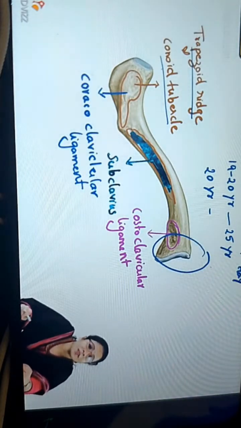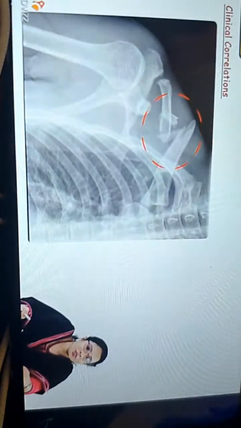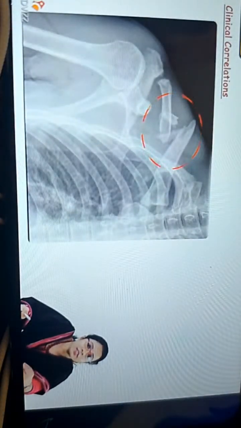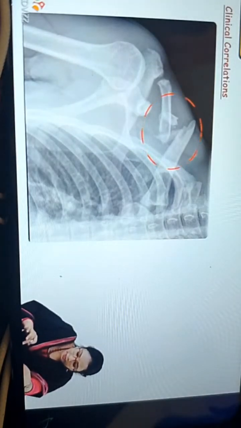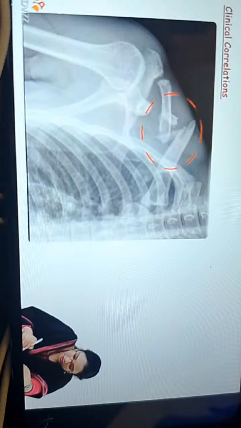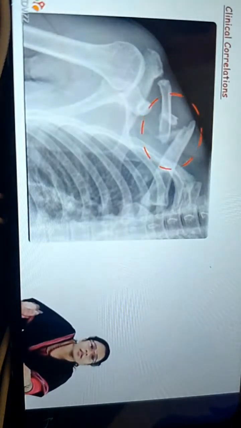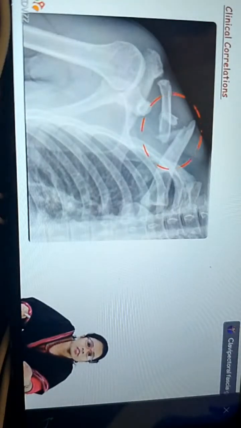We'll talk about some important clinical aspects of the clavicle. Fracture of the clavicle usually occurs at the junction of the medial two-thirds and lateral one-third.